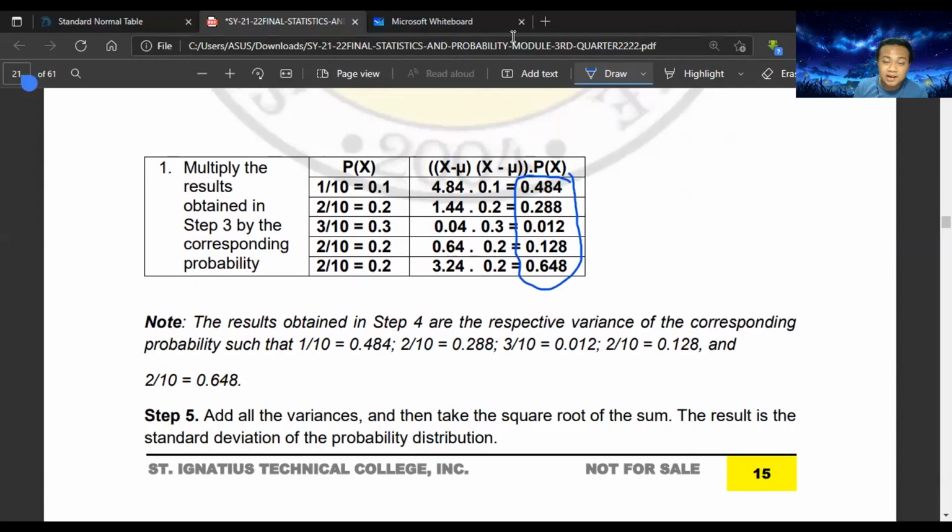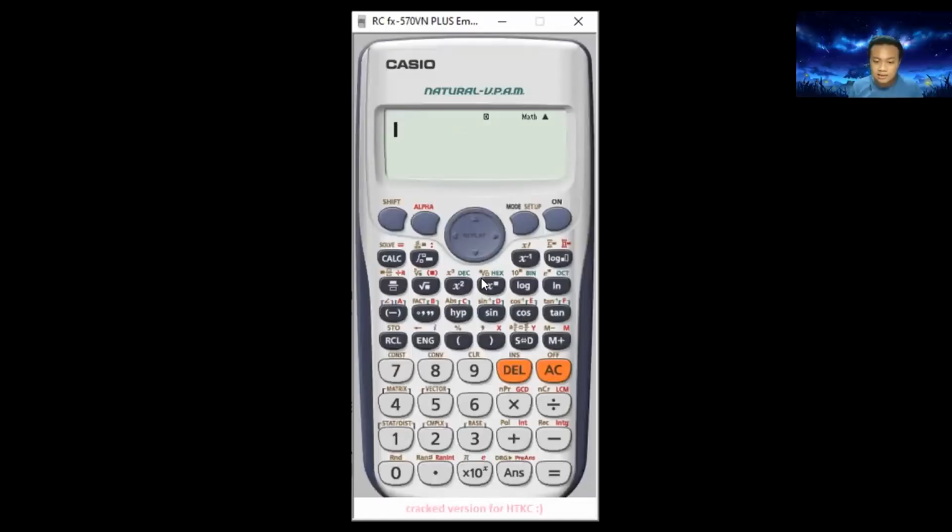Let me share my calculator again. So we have 0.484 plus 0.288 plus 0.012 plus 0.128 plus 0.648. Those are the results from earlier.